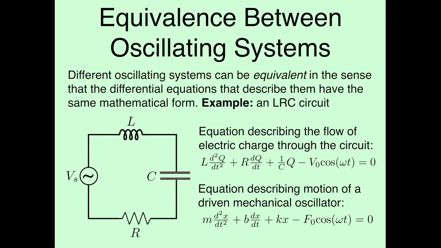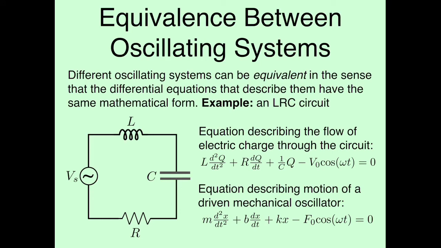So remember, if we have a mass on a spring with some damping and an external driving force, we have this differential equation that describes the motion. So although the constants are different, like we have M instead of L, and we have B instead of R, and K instead of C, the form of the equations is identical. The mathematical form is the same.